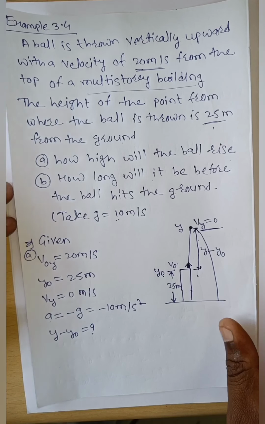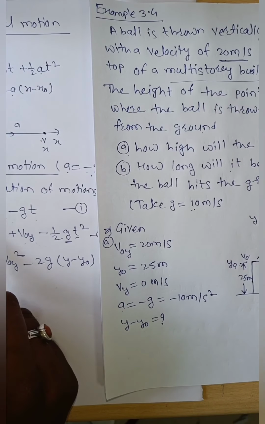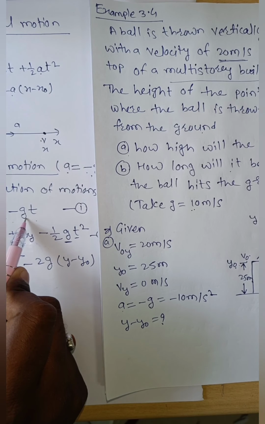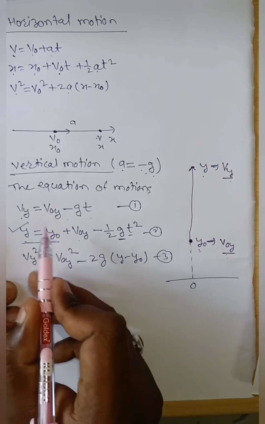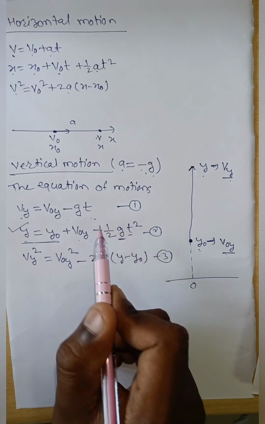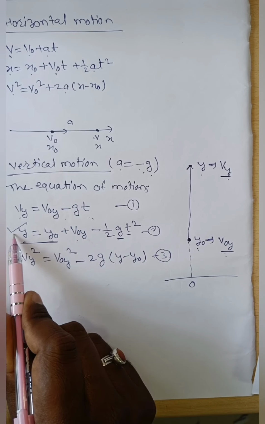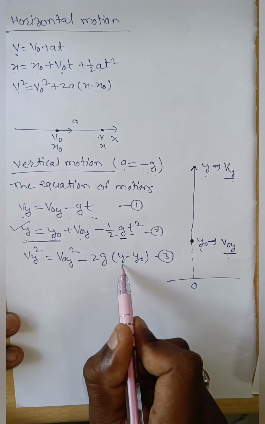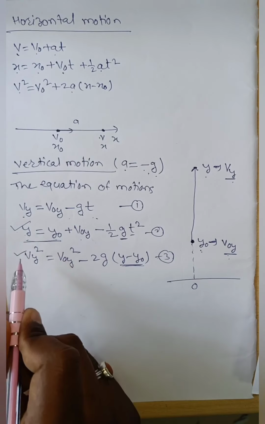Which kinematic equation do we want to use? See here, in the first equation y and y naught are not present, therefore we can't use it. Here y and y naught are present, or here also, so we use either this or this.